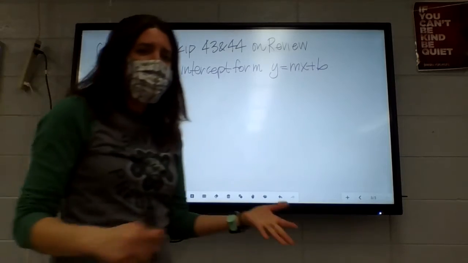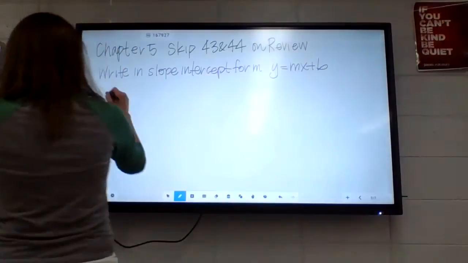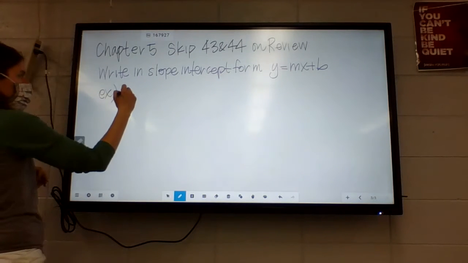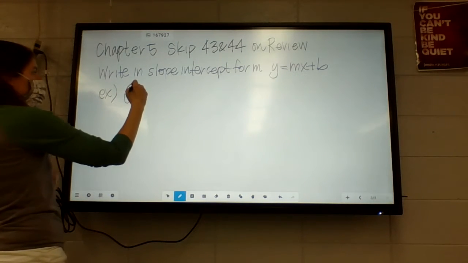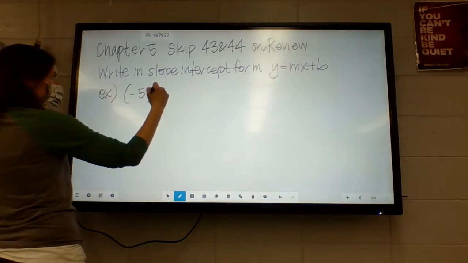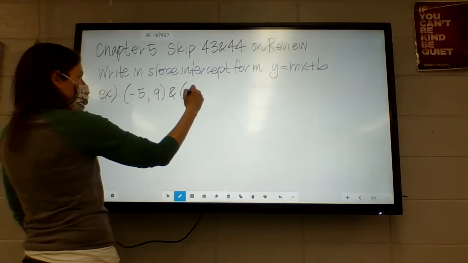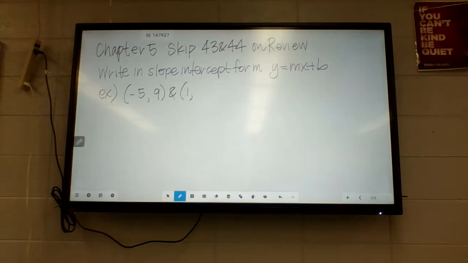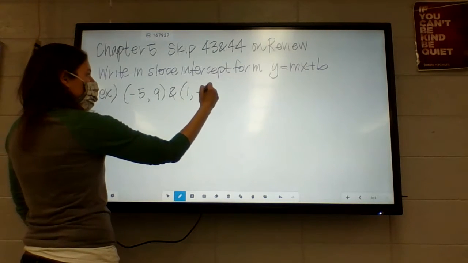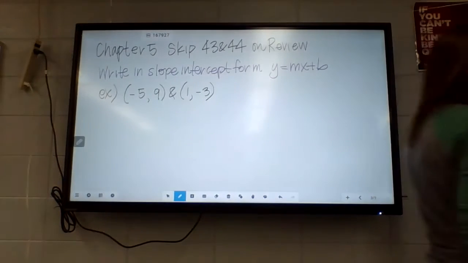I'm going to do maybe a quick example with 2 points. So these are our 2 points, and we're going to write the equation of the line that goes through those 2 points in slope-intercept form.